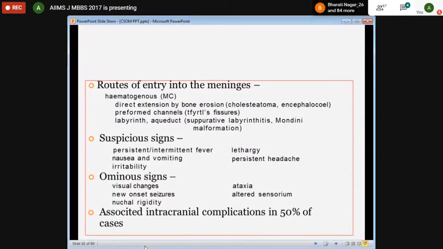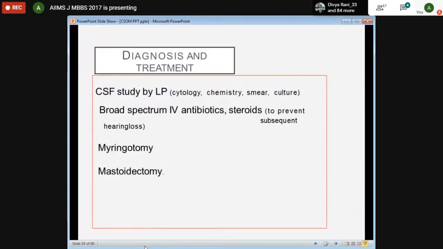In Kernig sign, there will be pain when you extend the knee with the hip flexed. These are the two signs. And there are other intracranial complications in 50% of the cases; isolated meningitis is seen in only 50%, and in 50% it is associated with other complications.